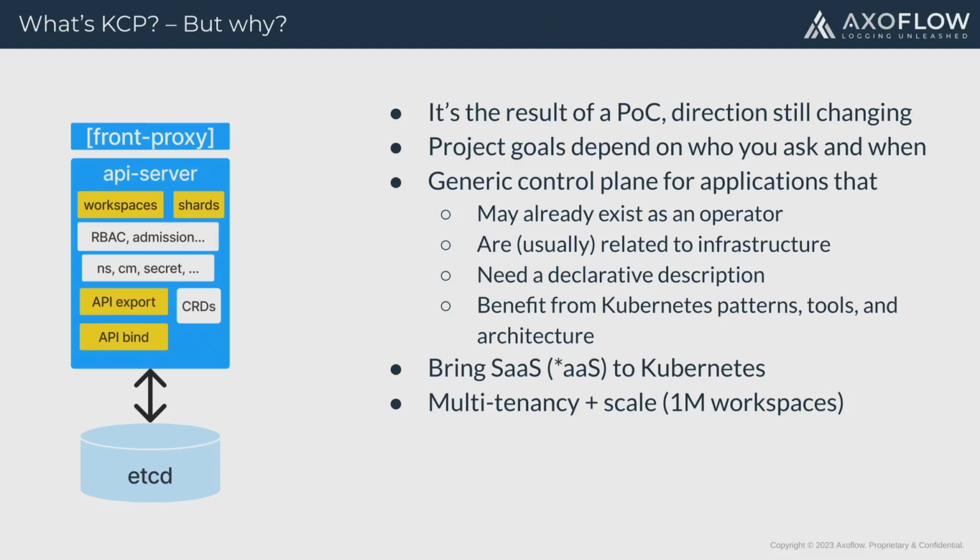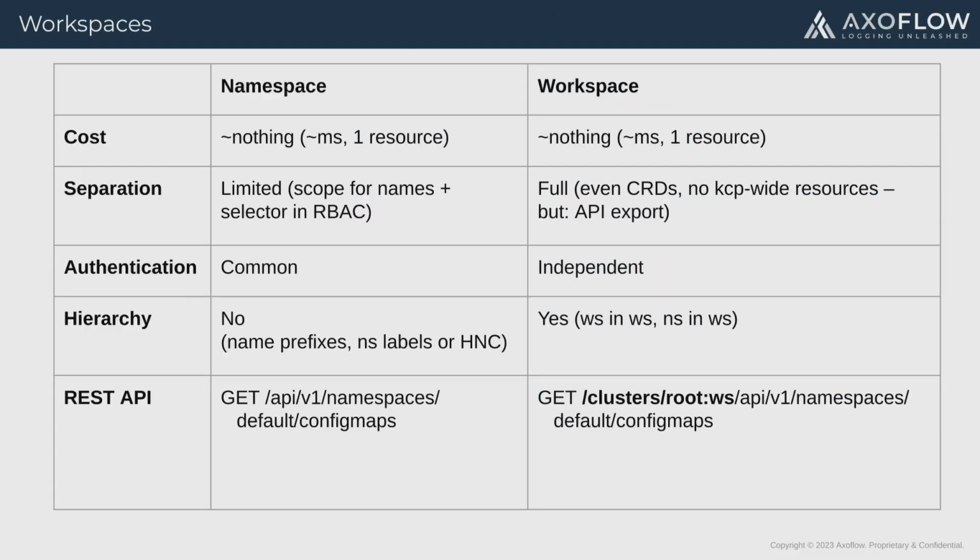And the third goal was that they want to implement multi-tenancy with something like Kubernetes, or I don't know. The goal here was that they want a system that works with 1 million workspaces. So these workspaces are quite similar to namespaces, but different in many ways.